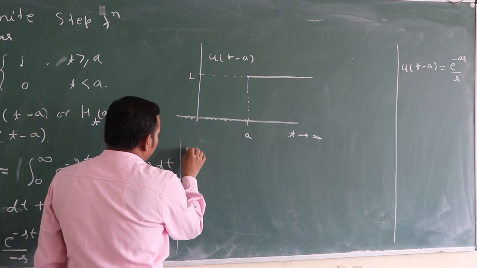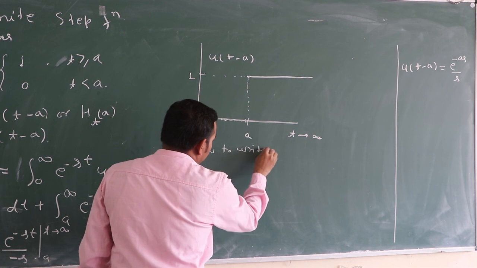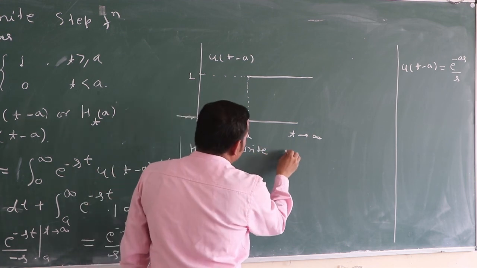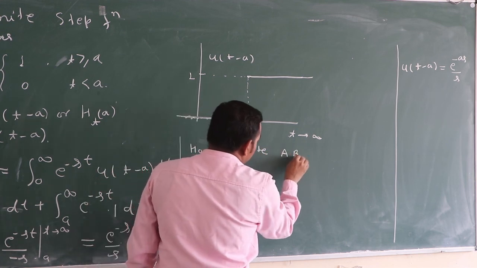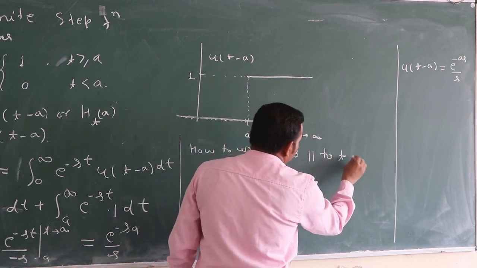Now, how do we write a straight line AB parallel to the t axis?